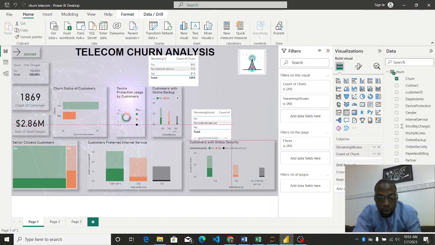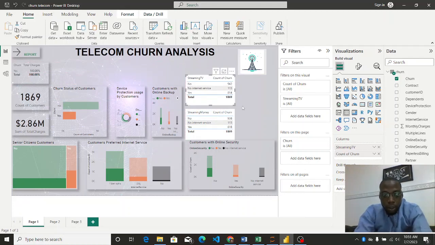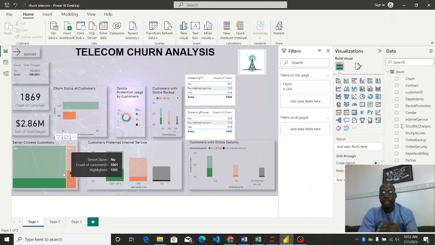I'm trying to come up with a particular argument here. So now, with these new tables, what I'm driving at is, if we check, we can buttress the point that the youths that churned from this organization really make use of the internet.